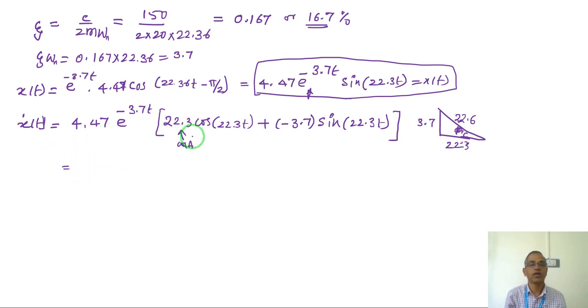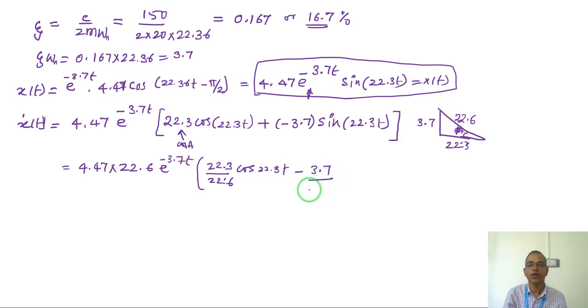So 4.47 into 22.6, and e power minus 3.7 t, into 22.3 by 22.6 into cos 22.3 t minus 3.7 by 22.6 sine of 22.3 t.